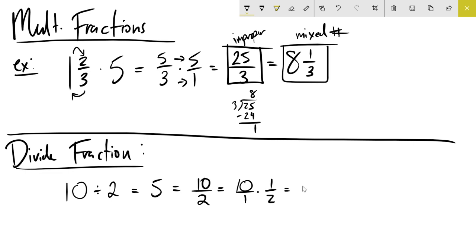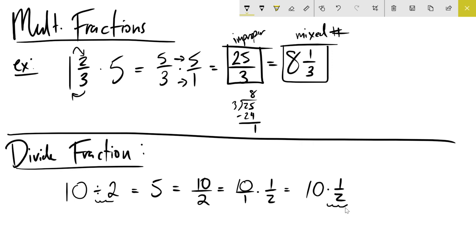I'm showing you this for a reason. It looks really weird, but I want to show you the relationship between division and multiplication. Dividing by a number: 10 divided by 2 is equivalent to saying 10 times 1/2. Is that true? Everybody agree with that, more or less? So it tells us that you can rewrite division problems as multiplication problems.